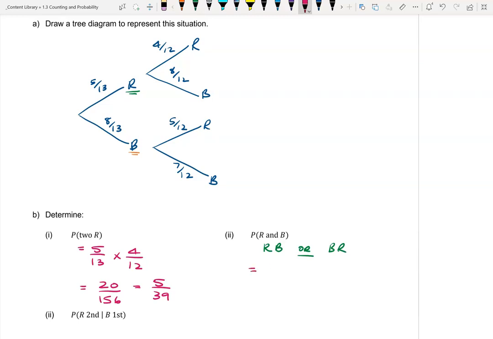Red first and a blue second, or blue first and a red second, and we could see that we get 40 out of 156, or another 40 out of 156. So we've got 80 out of 156 as a probability, or 20 out of 39.